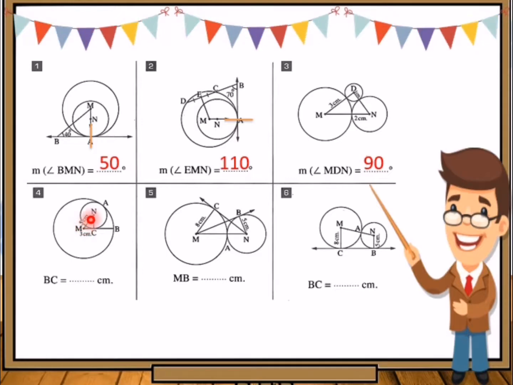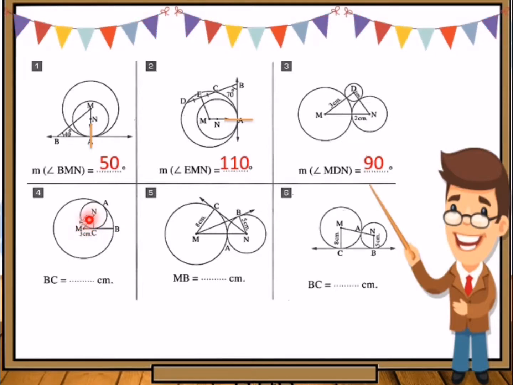So, if MC is a radius equal to 3, then NC is 5 power 2 minus 3 power 2 equals 16, using the square root. So NC equals 4 centimeter. So the radius of the small circle is 4 centimeter.